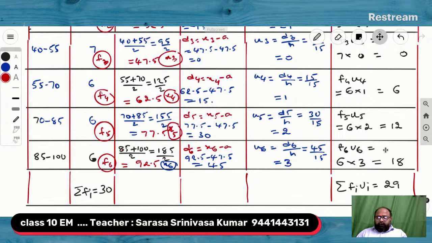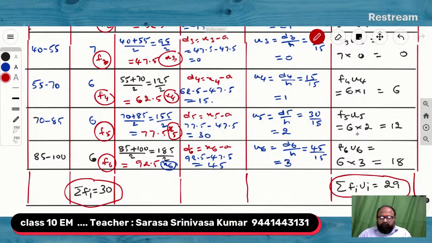Now we add all the values of the second column, f1, f2, f3, f4, f5, f6. This is noted as sigma fi. Sigma fi is equal to 30. Next, we add all the values in the last column. We get sigma fi ui equal to 29.